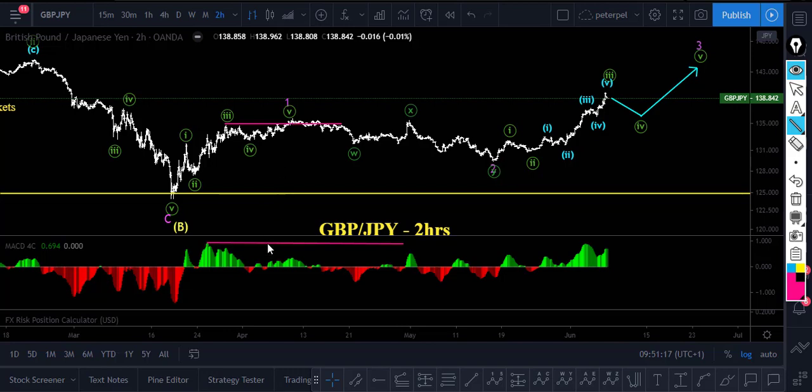But you can see that the MACD was still making a higher low. So what is that telling us? It is telling us that buyers are losing momentum, and there is a possibility of price reversing or giving us a pullback before the next trend resumes.